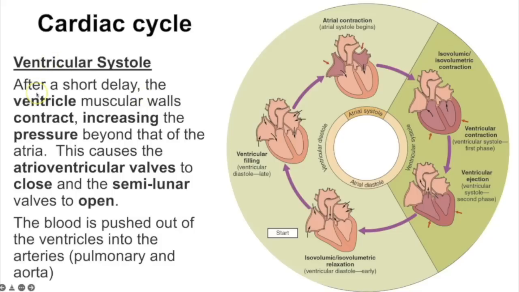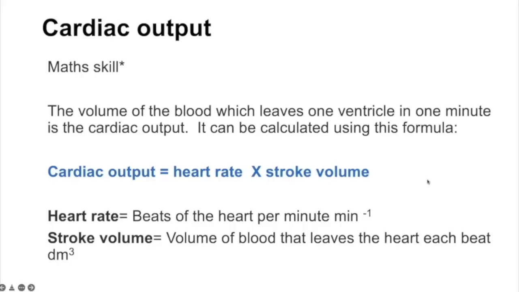And that happens after a short delay, and it will increase the pressure beyond that of the atria, which causes these atrioventricular valves to shut. But when they've contracted high enough to increase the pressure above that of the atria and pulmonary artery, the semilunar valves will open. And that causes blood to be pumped out of those 2 blood vessels.